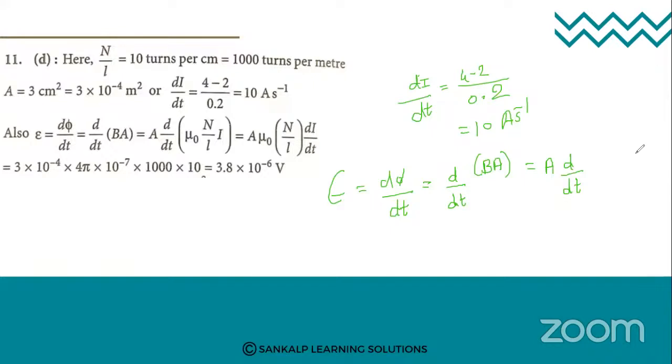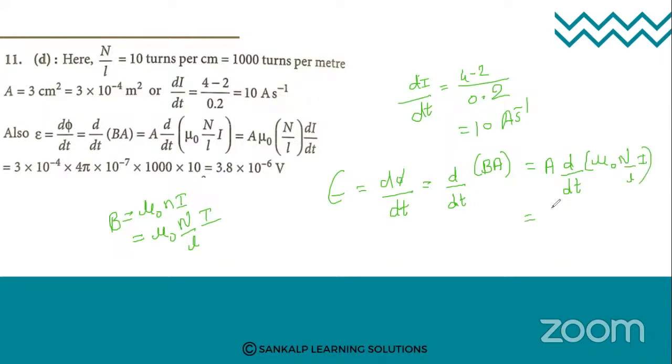Next, magnetic field, since it is a solenoid, we can write B is equal to mu naught N i, where N is the number of turns per unit length. So it will be mu naught N upon L into I.